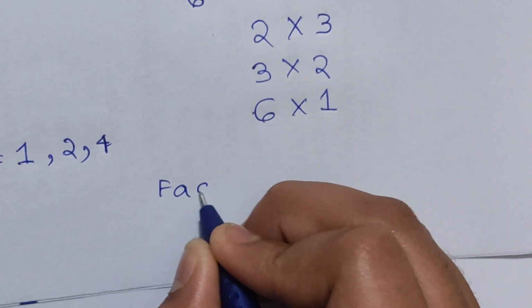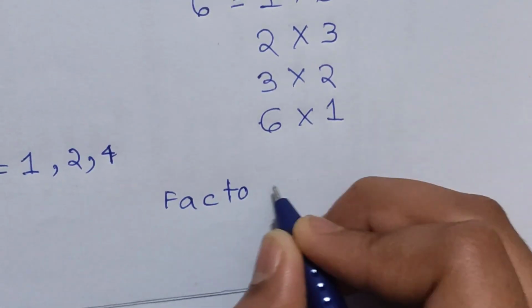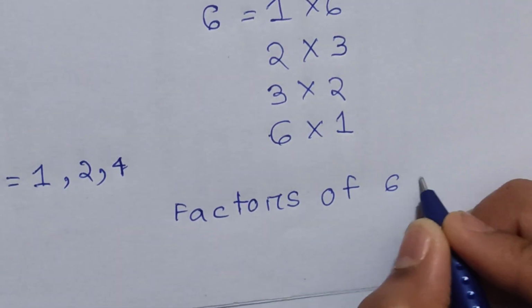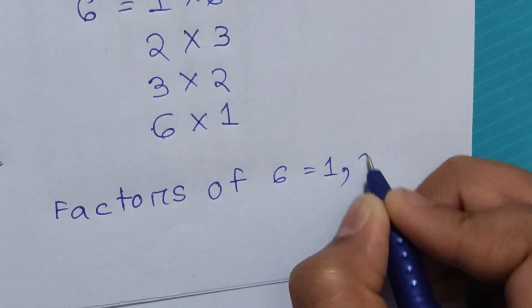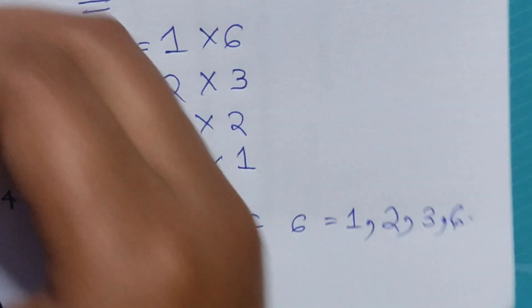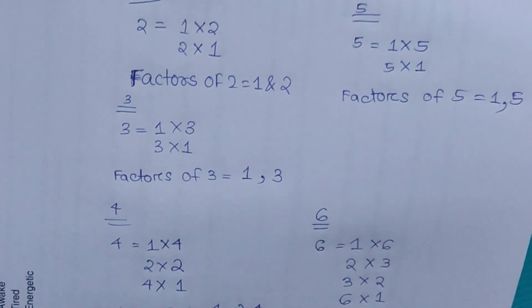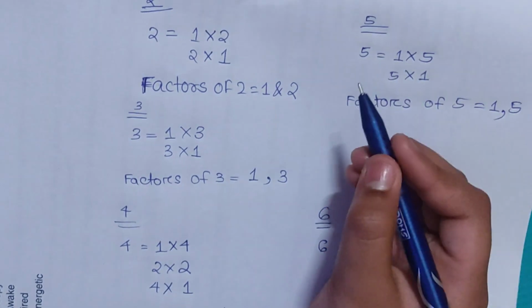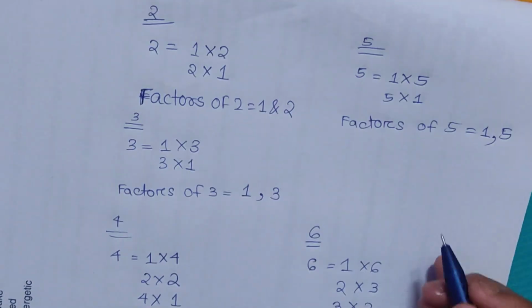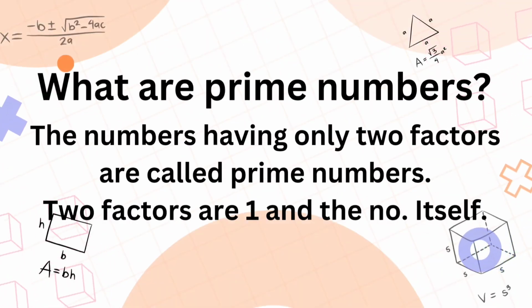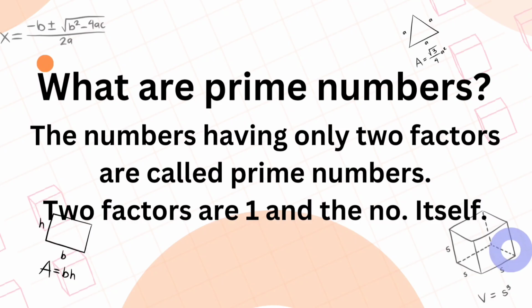By arranging in ascending order, the factors of 6 are 1, 2, 3 and 6. Some of these numbers like 2, 3, 5 have 2 factors and some numbers like 4 and 6 have more than 2 factors. So a number having 2 factors is called a prime number.